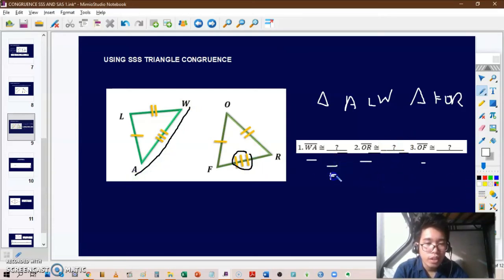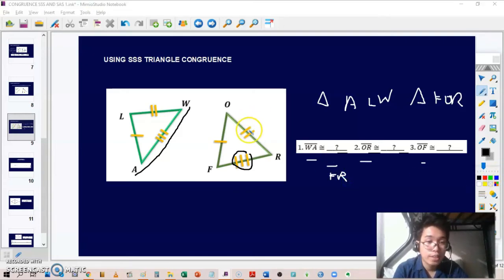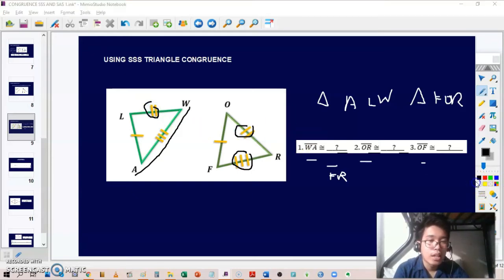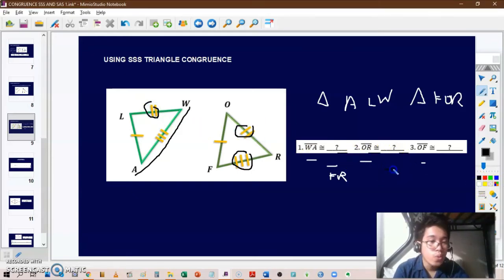And also we have OR. We just have to look at the symbols here, and we can clearly see that line segment OR is congruent to line segment LW. How about OF?